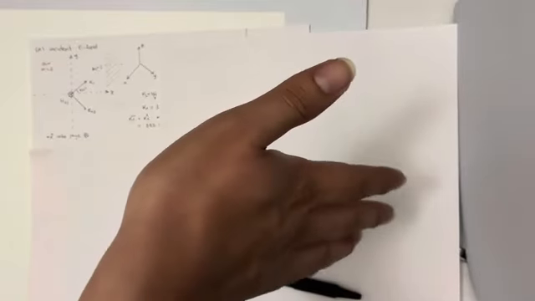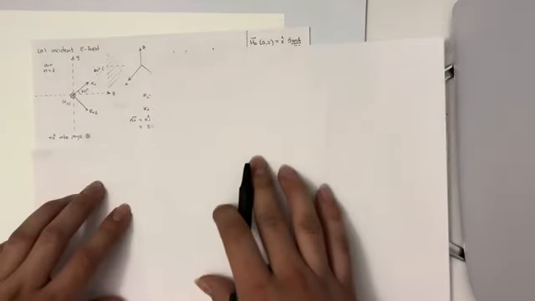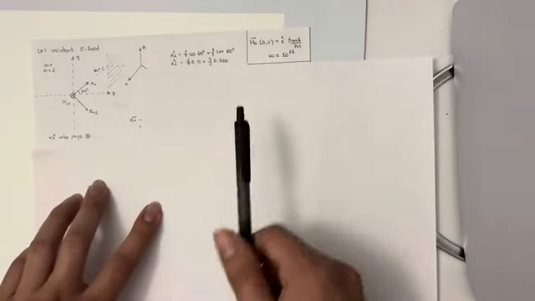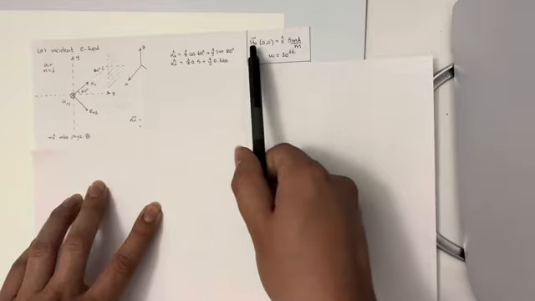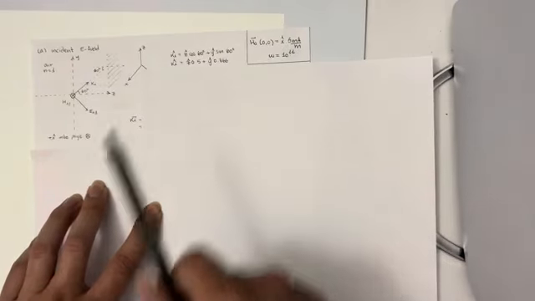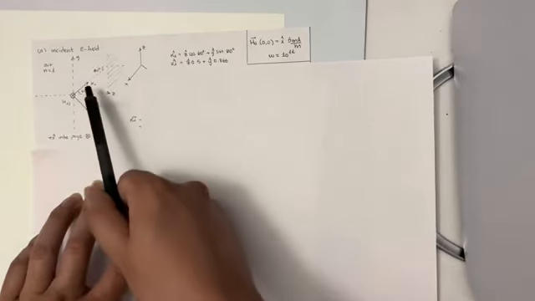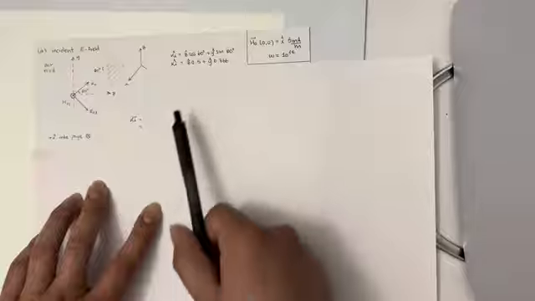This is hard to show with my hand, but it goes down, as I demonstrated here. With that information, the H field is into the page, and we know that omega is 10 to the 11. We can find the direction of the wave vector.